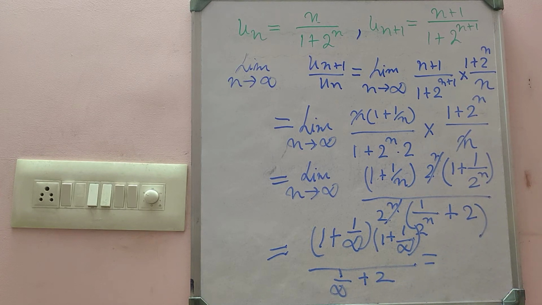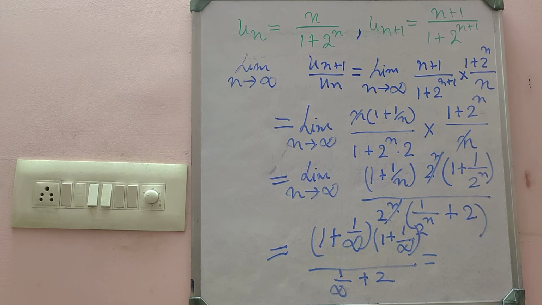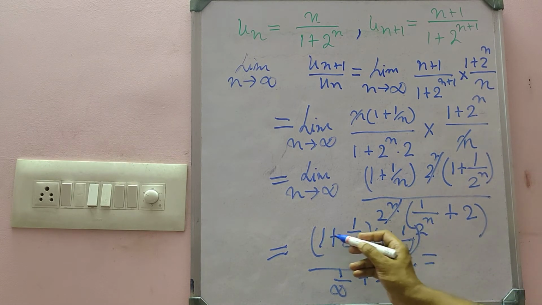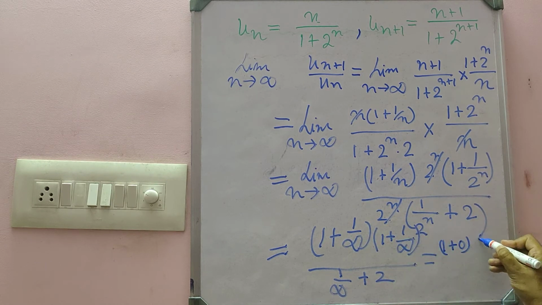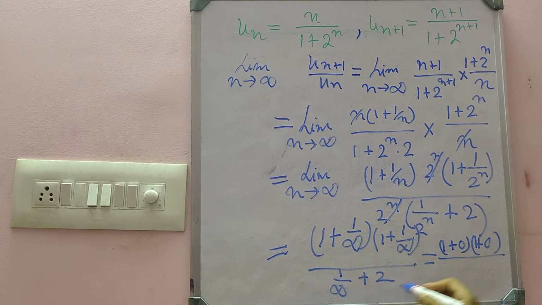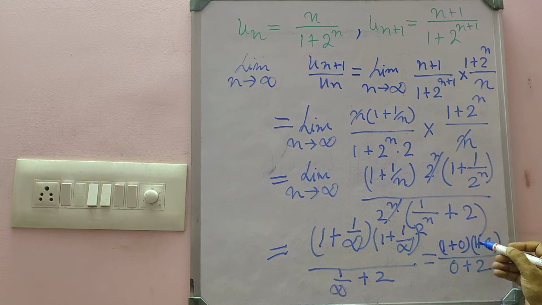We always know that 1 by infinity is 0. So here it becomes 1 plus 0, here also 1 plus 0, divided by 0 plus 2. So what value do we get? 1 plus 0 means 1, 1 plus 0 is 1, and 1 into 1 is 1.